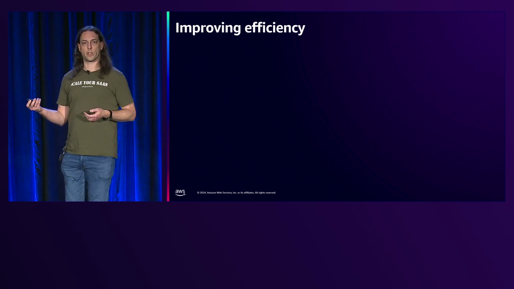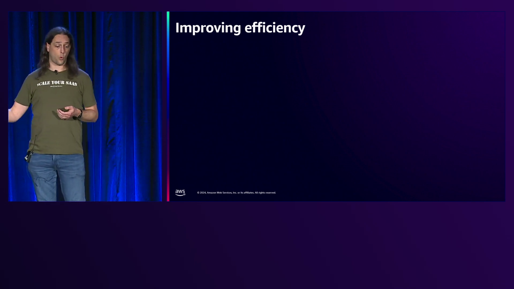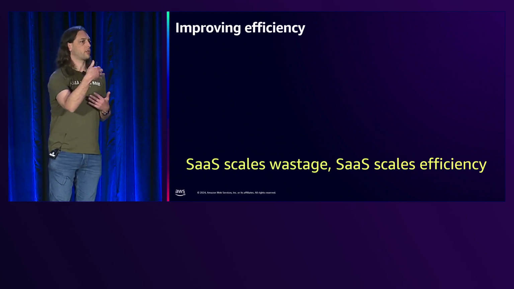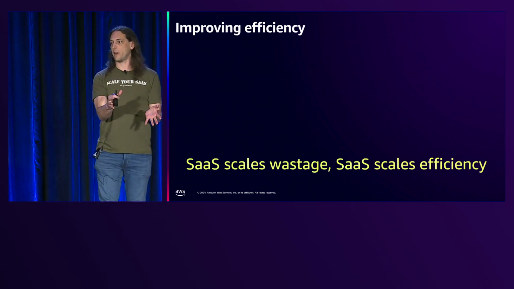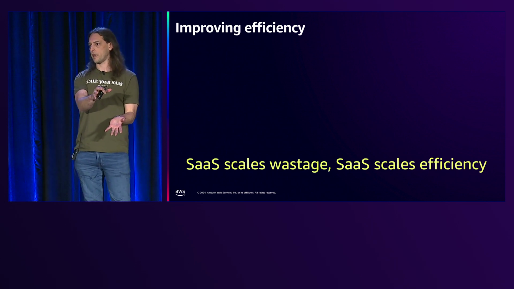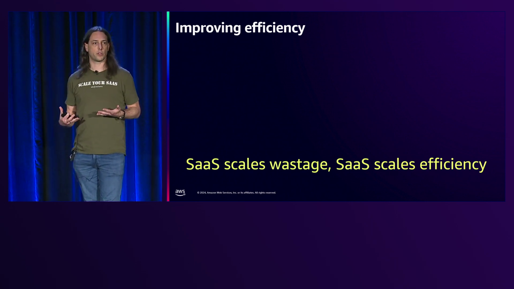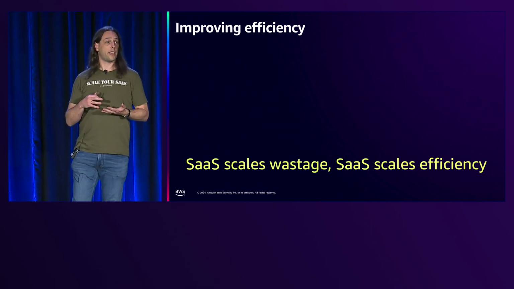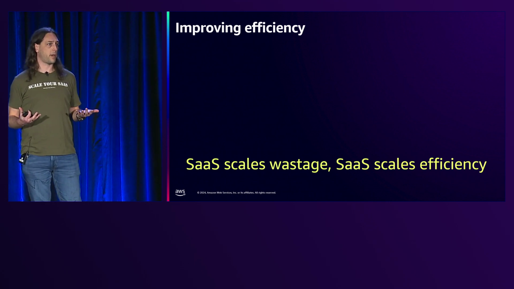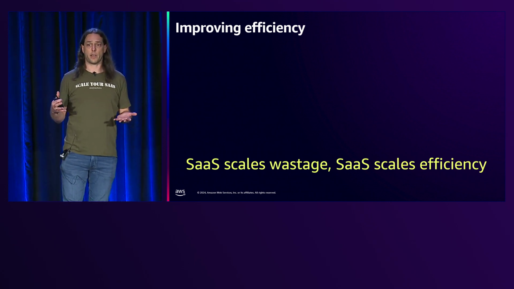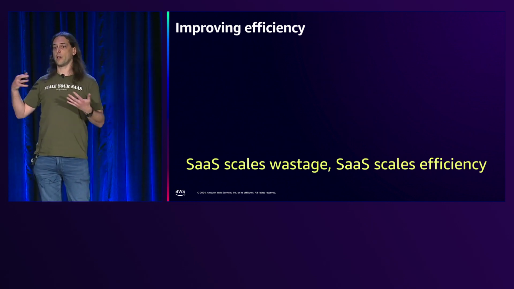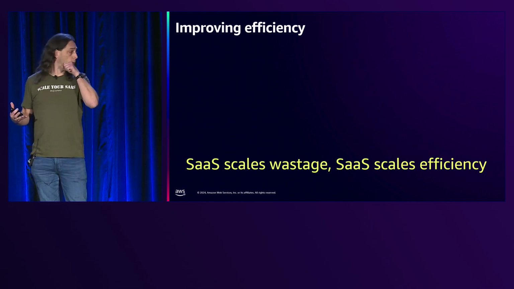And even more importantly, SaaS is going to scale your wastage. So when you're first deploying your SaaS application, you're just trying to get a product out there, trying to get it into the hands of the customer. You're not thinking about making the most efficient storage architecture, and you may have some wasteful access patterns. Well, as you start growing and growing, these access patterns are going to be scaling that wastage as well.